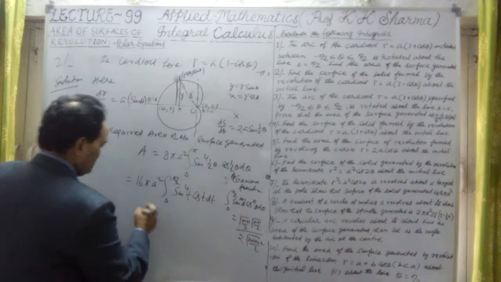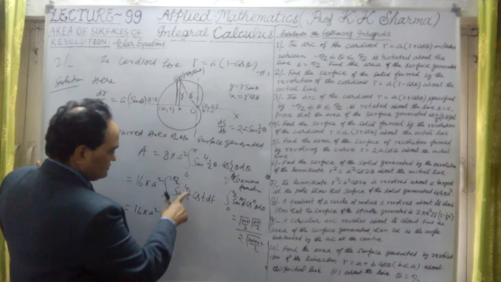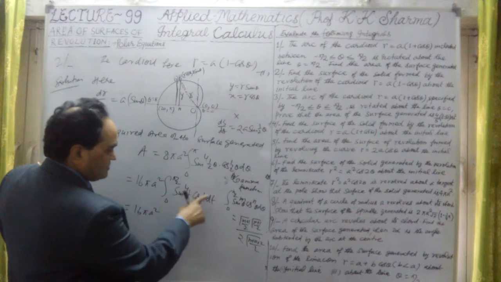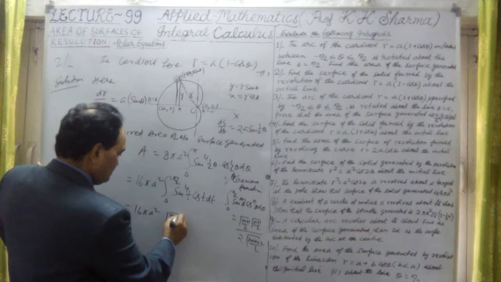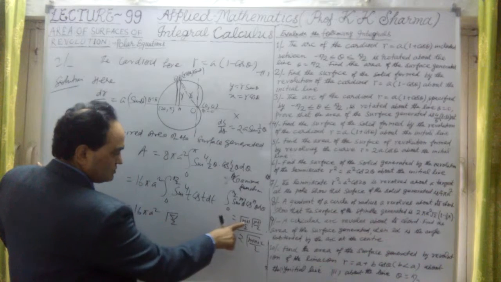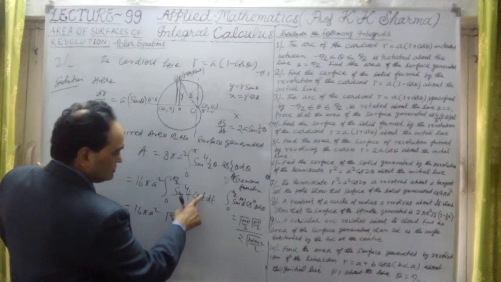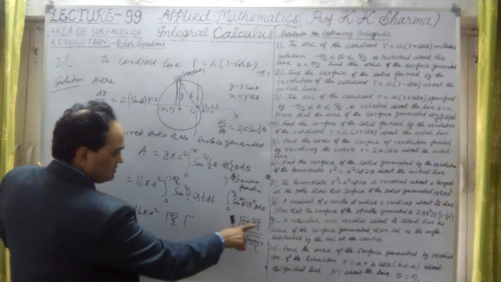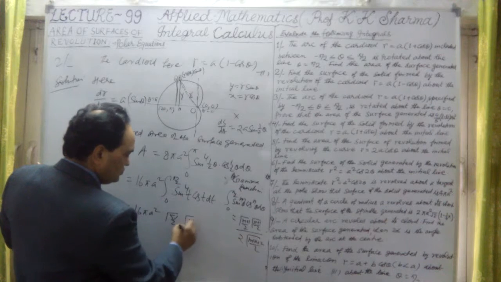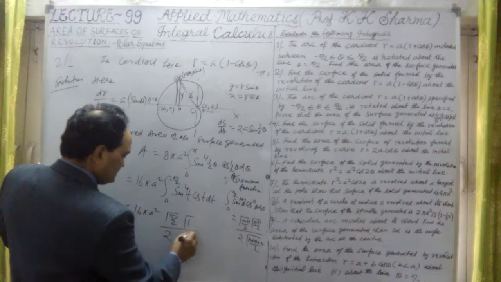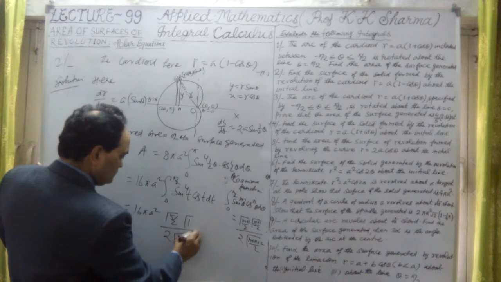So this is 16 pi a square. Now 4 is in place of m, and in place of n we have 1. It is gamma 5 by 2, because 4 plus 1 upon 2 means 5 by 2, into gamma 1, because n is 1, so n plus 1 is 2, and 2 upon 2 is 1, divided by twice gamma of 4 plus 1 plus 2, that is 7 upon 2.